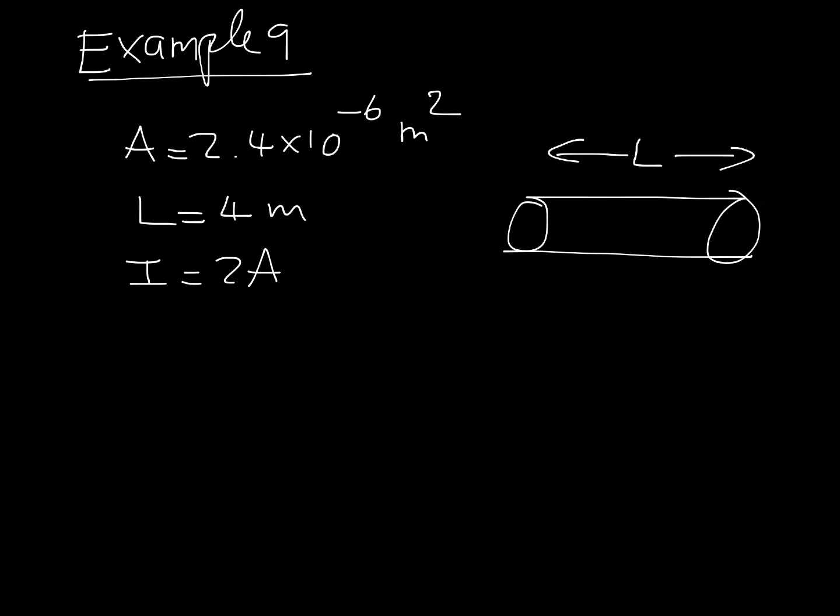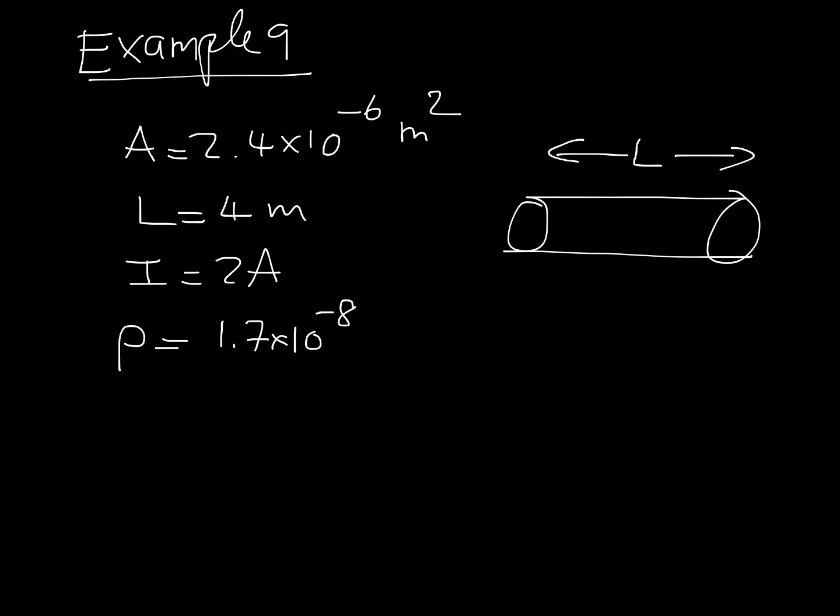We know L, I, and A. For the copper wire, we know the resistivity rho is 1.7 times 10 to the power of minus 8, using this information from example number 5.